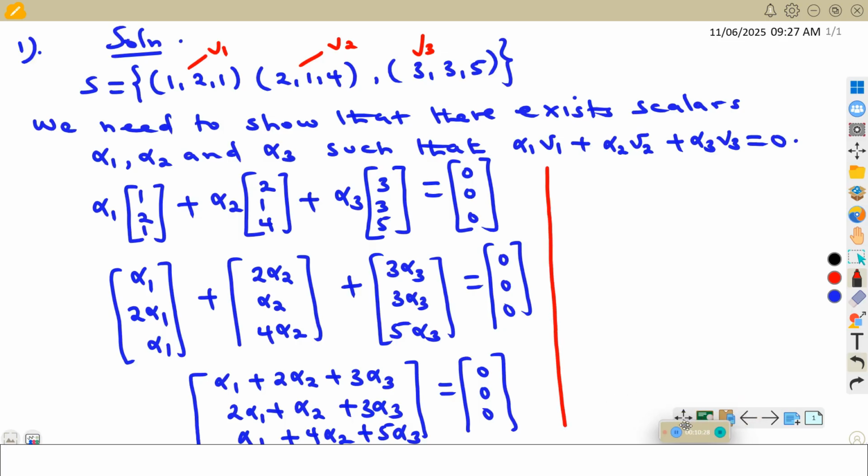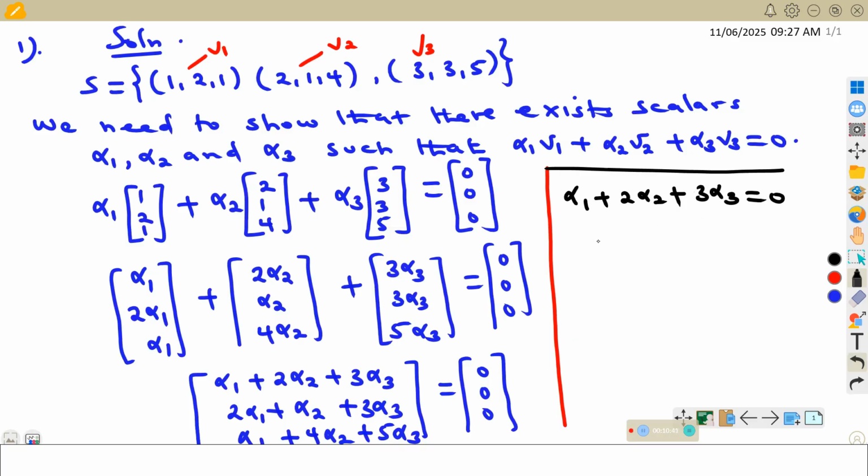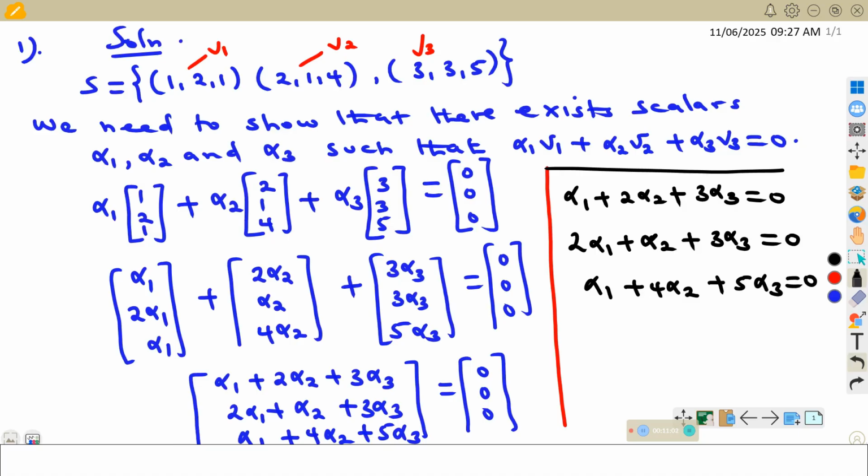So the corresponding components are alpha 1 plus 2 alpha 2 plus 3 alpha 3 equal to 0, 2 alpha 1 plus alpha 2 plus 3 alpha 3 equal to 0, and alpha 1 plus 4 alpha 2 plus 5 alpha 3 equal to 0. That is basically what we are having.